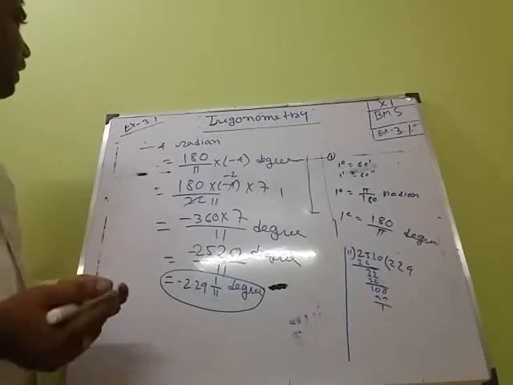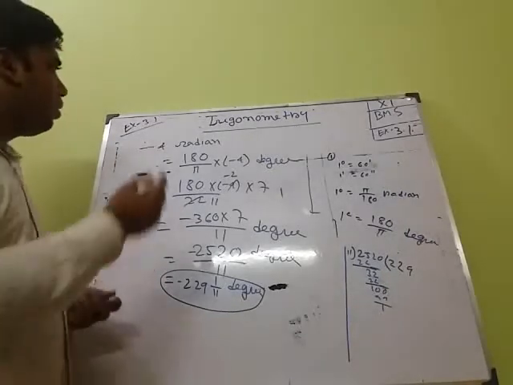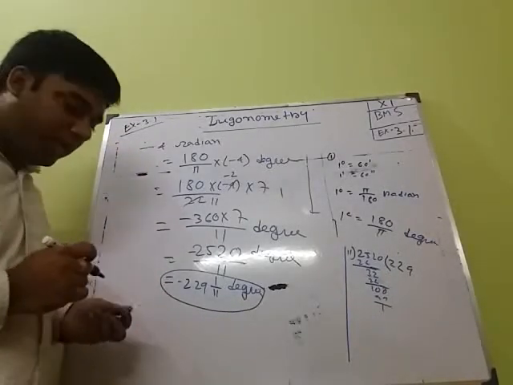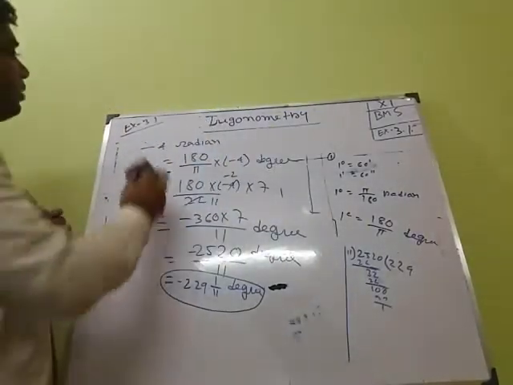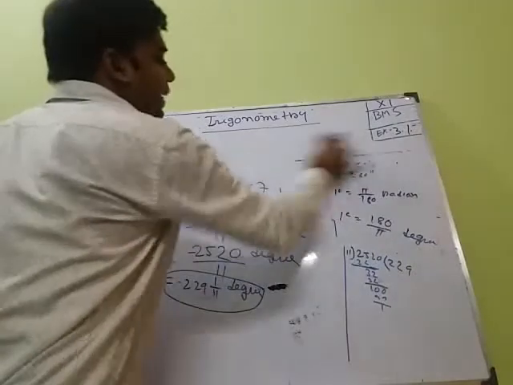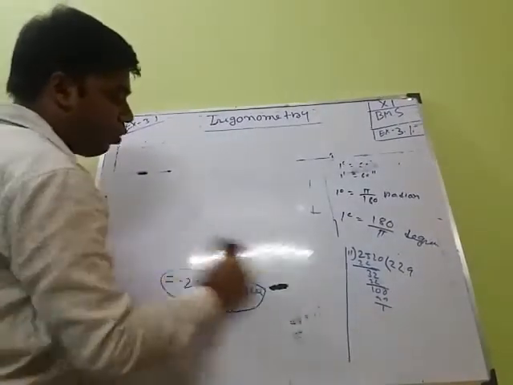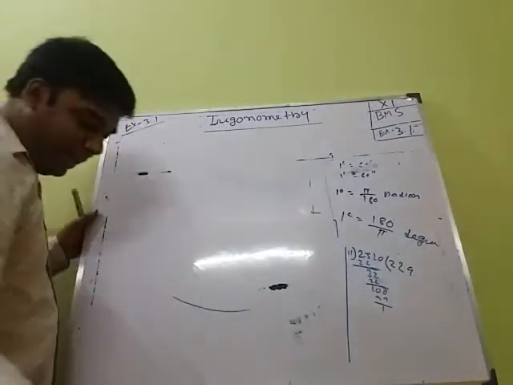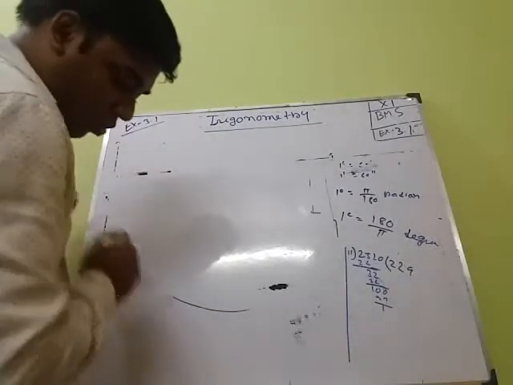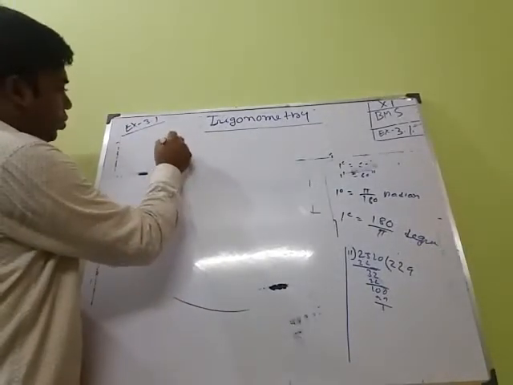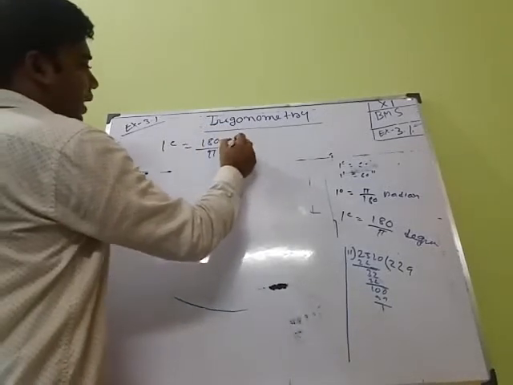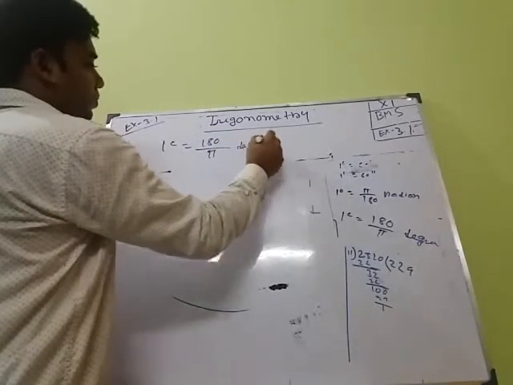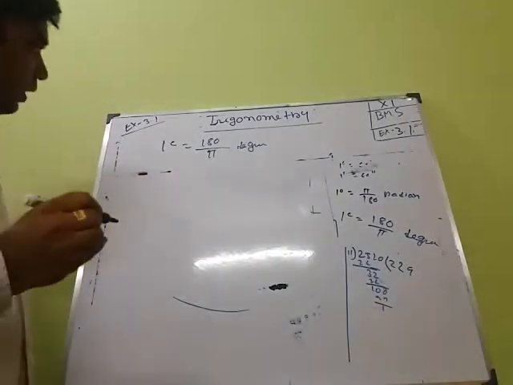So students, in the next video we will solve exercise 3.2. But before that, in the previous video I discussed 1 radian. Now how much is 1 radian? 1 radian equals 180 degree by pi.